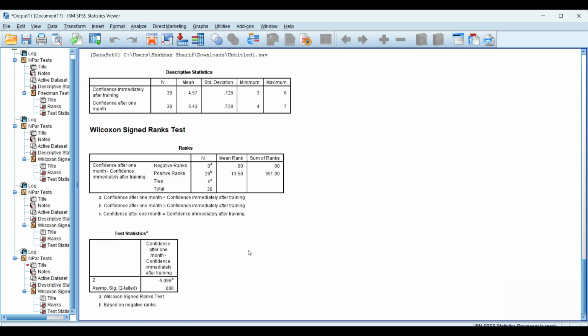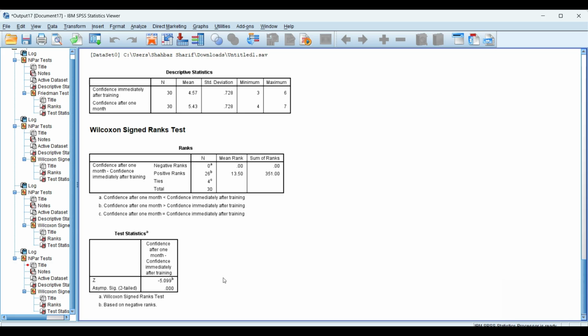And we can also say that 26 participants reported higher confidence after 1 month. No participants showed a decline and 4 participants showed no change, meaning no improvement. And you can also see that the p-value is 0.000, which is lower than 0.05.